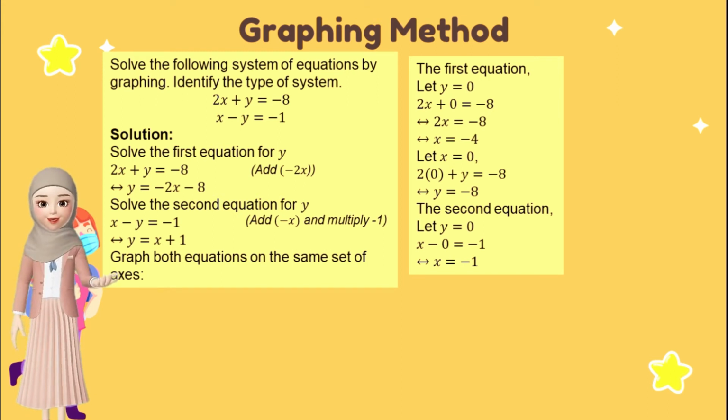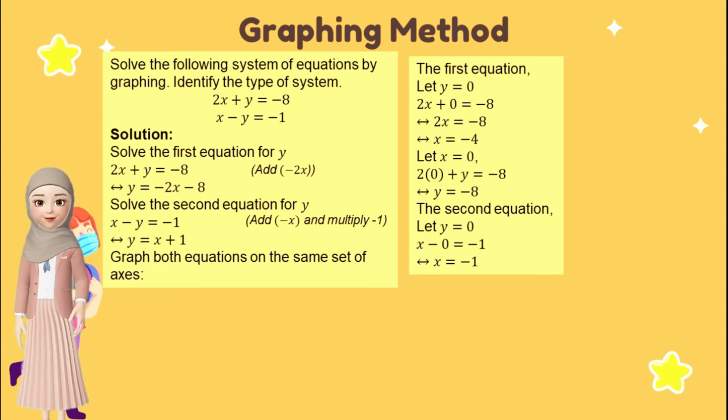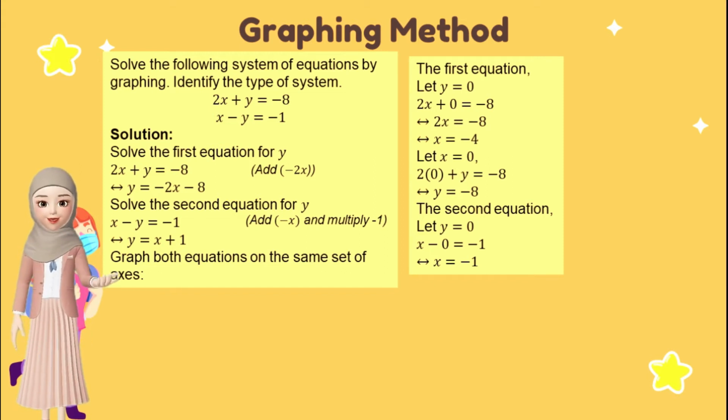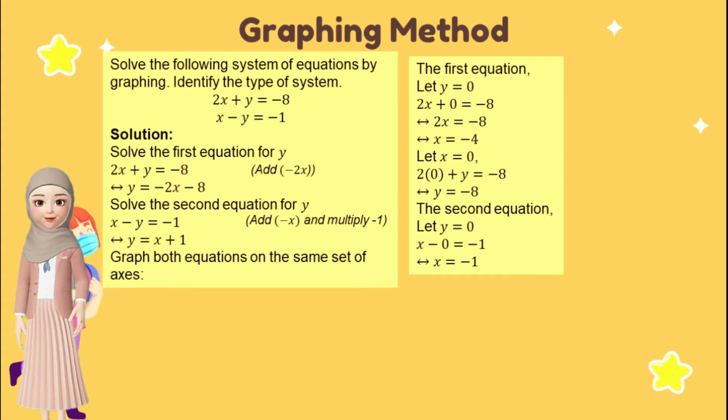To draw a graph, we have to suppose values. So, for the first equation, let y be 0. So, 2x plus 0 equals minus 8. We get 2x equals minus 8.